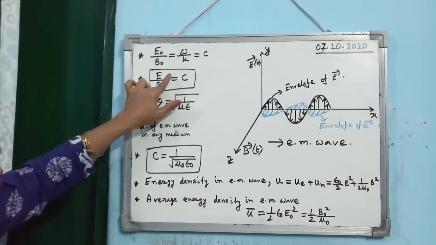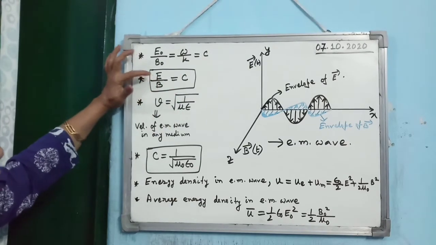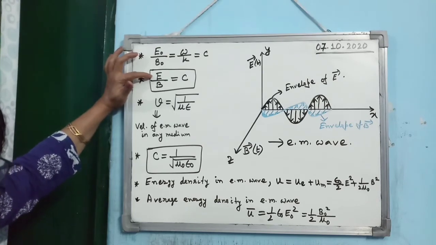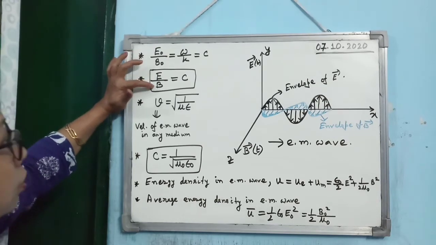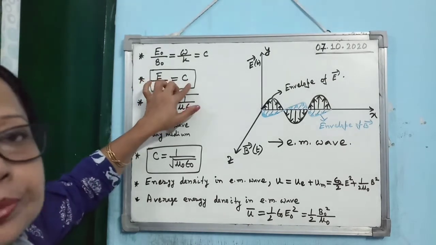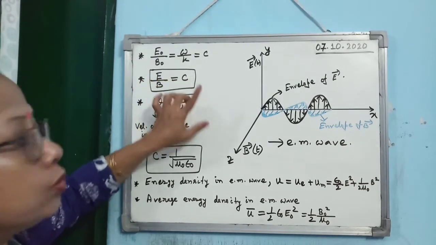Another most important relation is that the ratio of the instantaneous value of the electric field, E, not the peak value, to the instantaneous value of the magnetic field is equal to the speed of light, c.